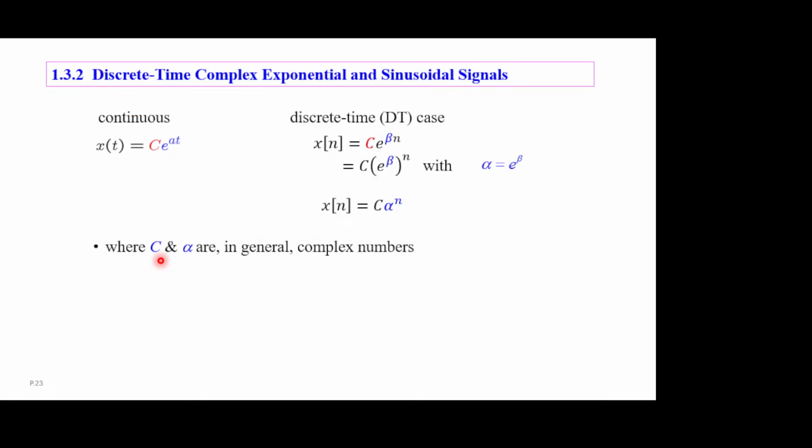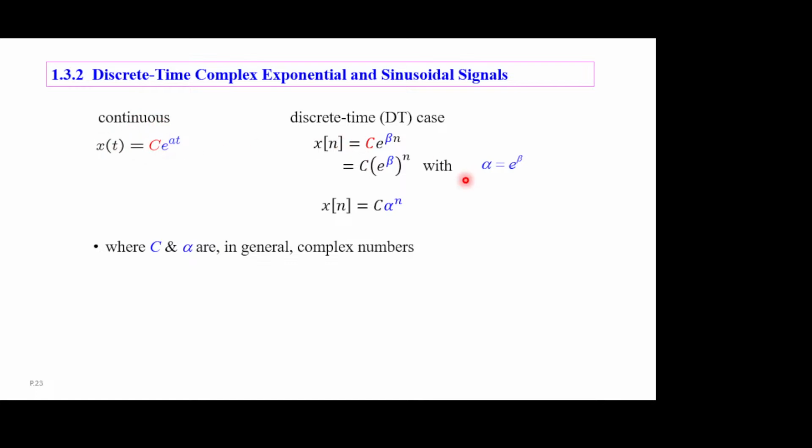And now let's talk about the discrete-time complex exponential. Okay. So it's kind of similar, but we are going to see there are some differences. So as a comparison, for continuous time, we have x equals c e to the at.